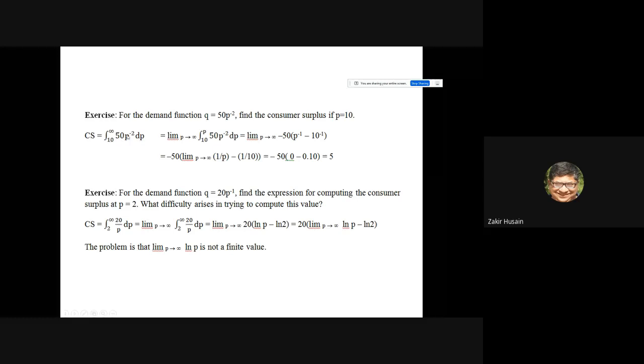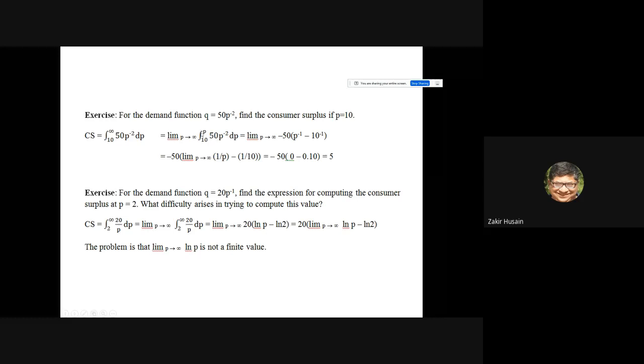Sorry, this is the demand function, Q, quantity as a function of price, and the price is 10 and it goes up to infinity. So this is the limit, P tends to infinity, 10 to P.